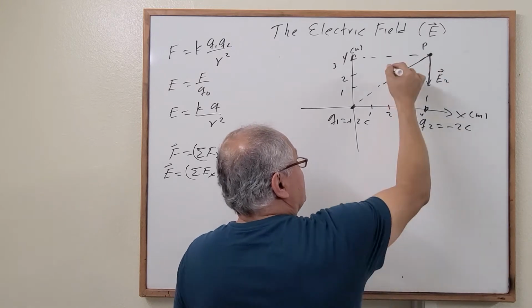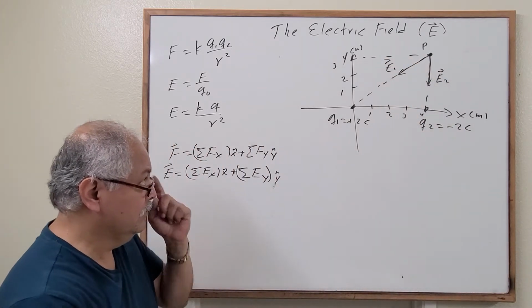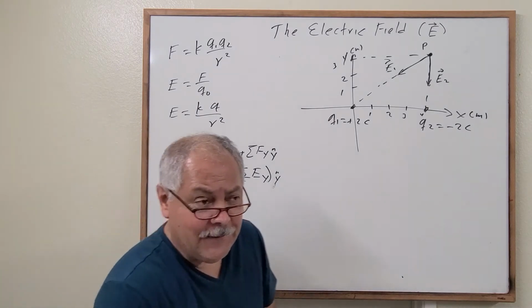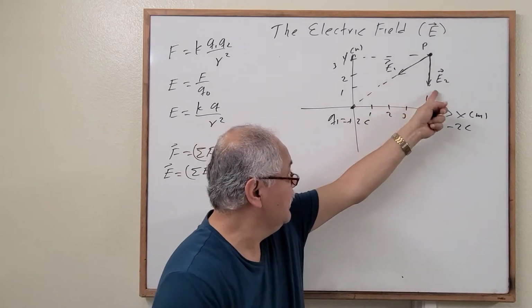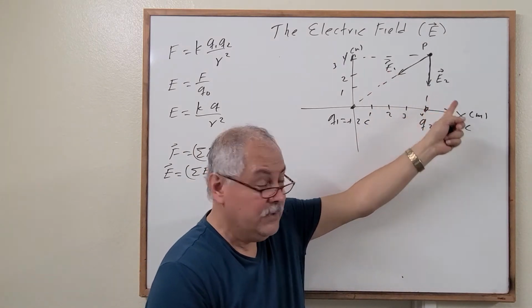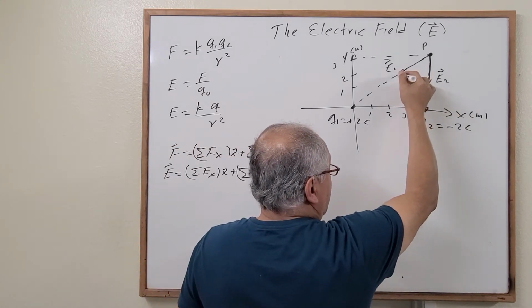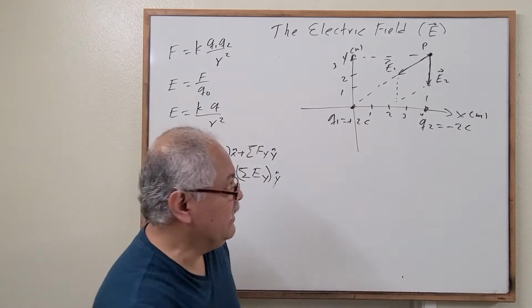So this is the electric field produced by charge 1. Now, what should be the net electric field? Well, this vector plus this vector. We can approximate this one using the parallelogram technique.